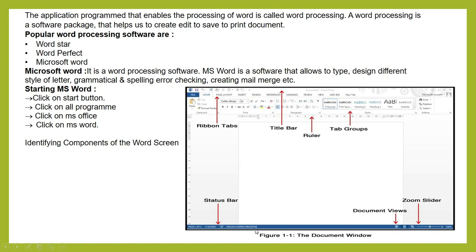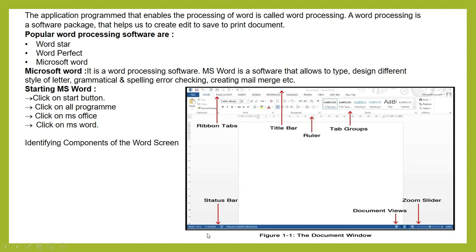Now go to the bottom bar, the status bar, where you get detailed information about your file. For example, page number 1 of 1, or if you have 5 pages, 1 of 5 is displayed because your cursor is on page 1 and the total number of pages is 5.